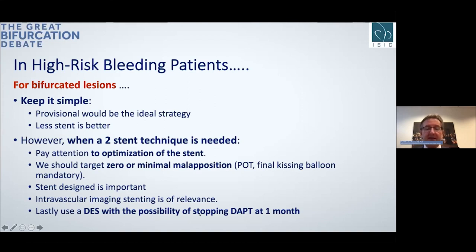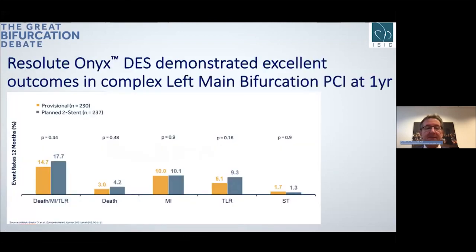And here, with the use of a drug-eluting stent, you have the possibility to stop DAPT at 1 month if needed, if patients have clinically significant bleeding. And Professor Stankovic showed yesterday excellent data from the ABC main study.